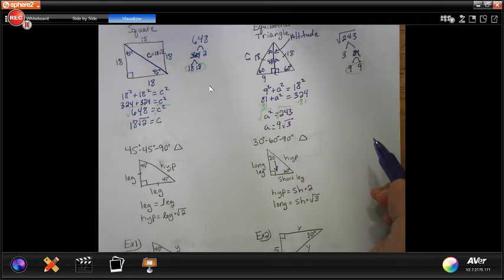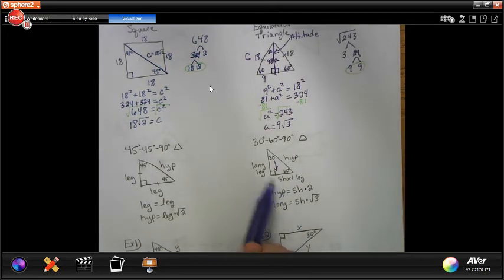You know, the smallest side is opposite the smallest angle, and the largest side is opposite the largest angle, that kind of thing. Hypotenuse is always the hypotenuse, but of the two legs on this one, one of them's bigger and one of them's smaller. On this one, they're both equal. So we don't have a long leg and a short leg because they're the same.